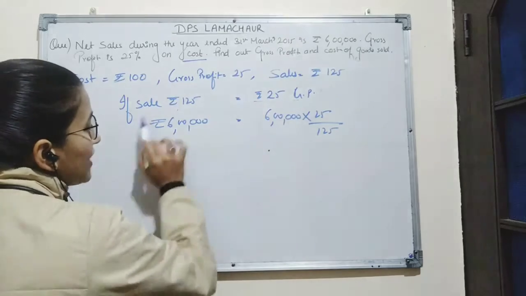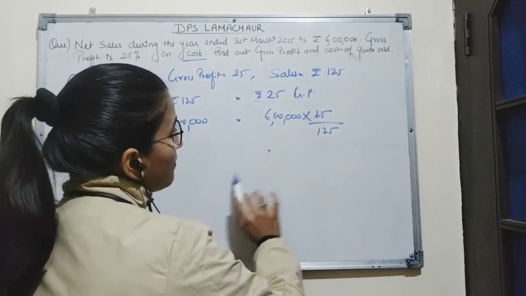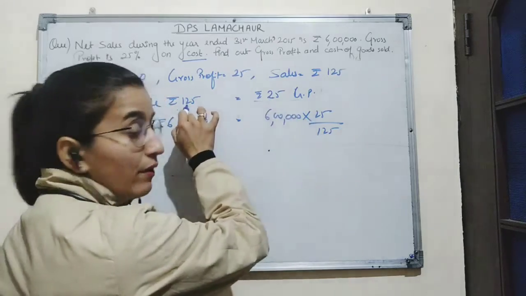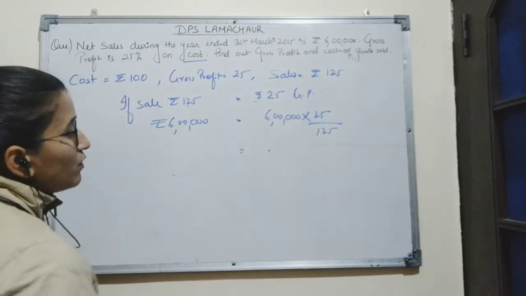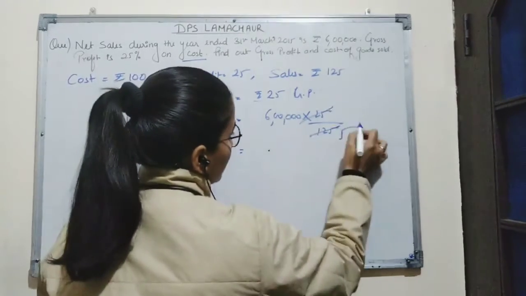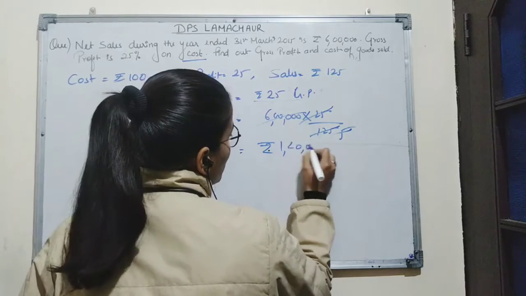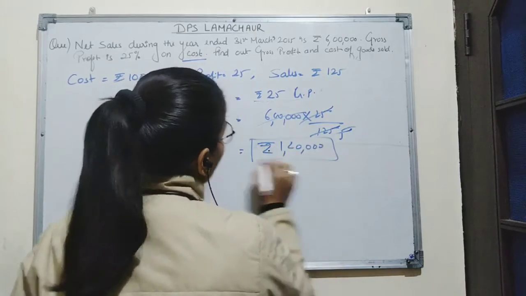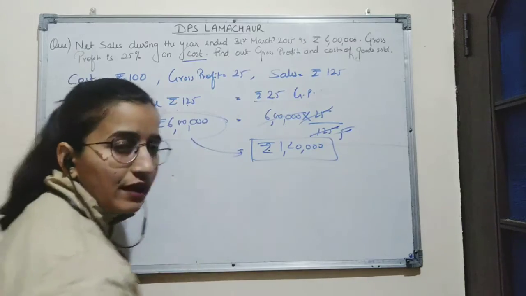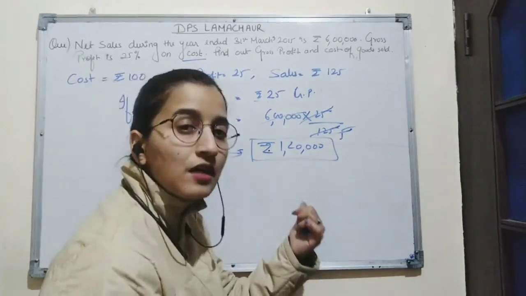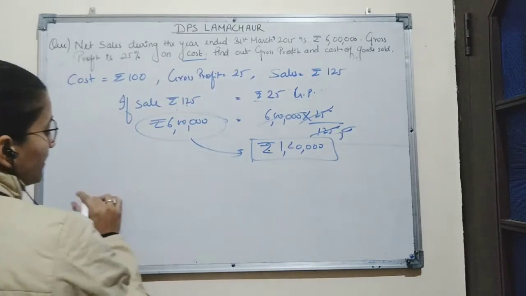So in the actual sale amount, which is rupees 6 lakh, the amount of gross profit will be 25 divided by 125 into 6 lakh rupees. So we get the amount of gross profit as rupees 1,20,000. So here on the sale amount of 6 lakh, we get the gross profit amounting to rupees 1,20,000.